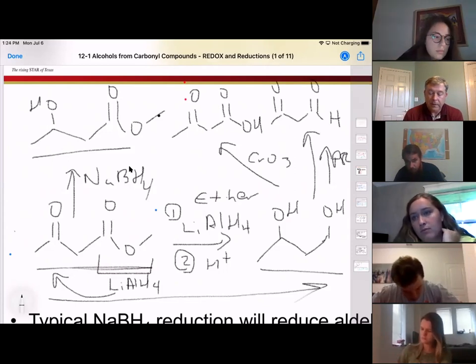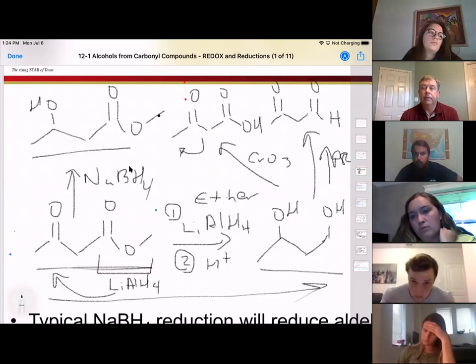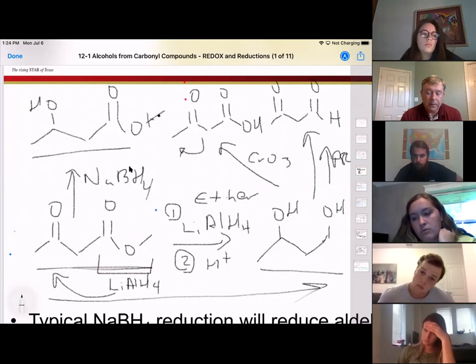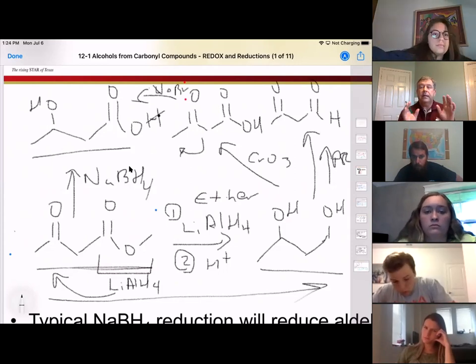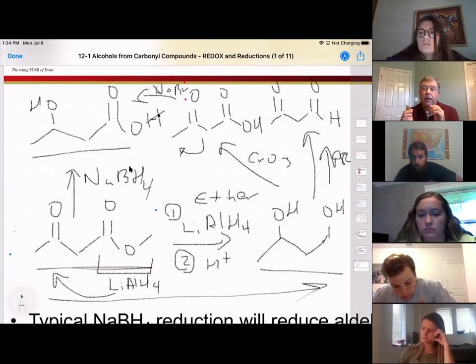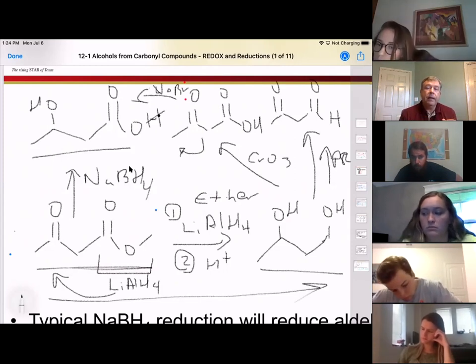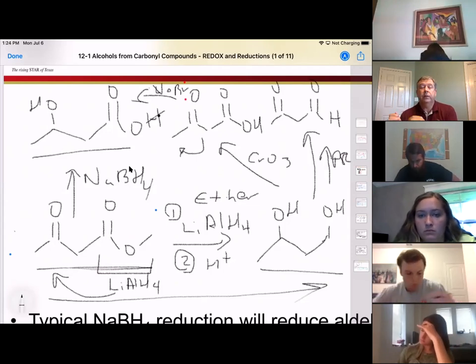And then we could even take this and reduce down just the carbonyl here to a primary alcohol to give us our carboxylic acid to our primary alcohol if we use sodium borohydride. Okay. So this is the type of strategy I want you to start thinking about as you go through the homework. How can I get selectively to it? And if I used a different reagent, what would the product be? Okay.